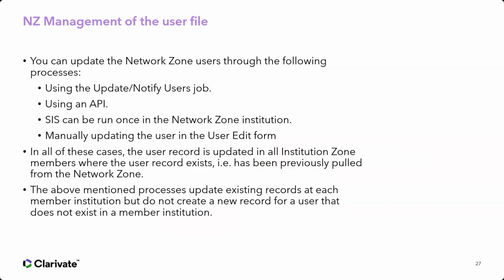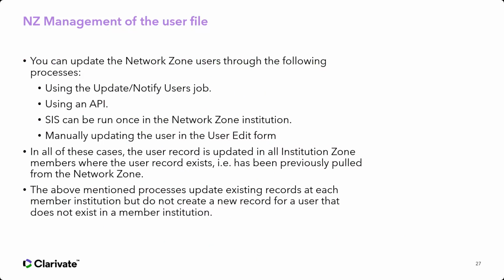At the network zone, the accounts I was describing, for the sake of simplicity, and I think it would probably be the more common way, are managed through an SIS feed, but it does not have to be this way. You can manage the accounts at the network zone through APIs. You can create manual internal accounts at the network zone.